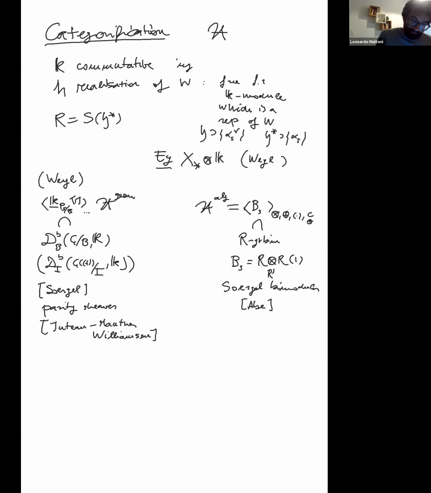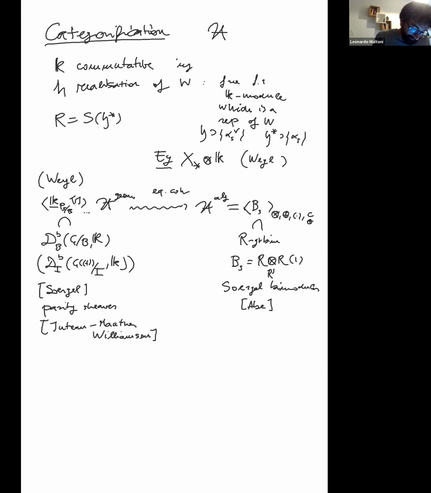So if we take the standard realization for the Weyl group, then we have a functor from the geometric category to the algebraic one given by equivariant cohomology. And this functor is an equivalence under some conditions. It depends: if we take the original version of Soergel bimodules, then we have to ask for the realization to be reflection faithful, which usually fails in positive characteristic, but with the Abe version, it works.